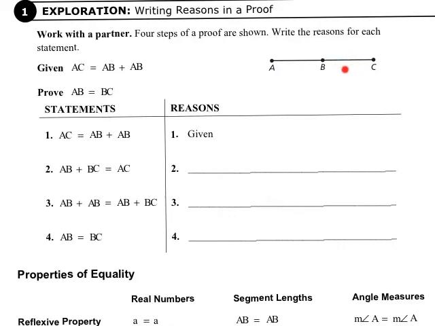AB plus BC, that's addition, right? So the angle addition postulate, you remember the angle addition postulate is the parts add up to the whole. So this part plus this part equals the whole. That's called the angle addition postulate.